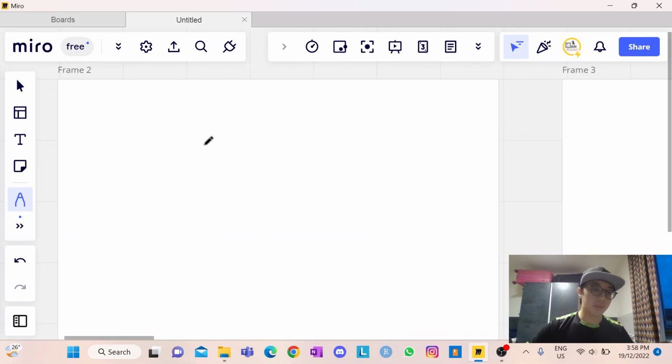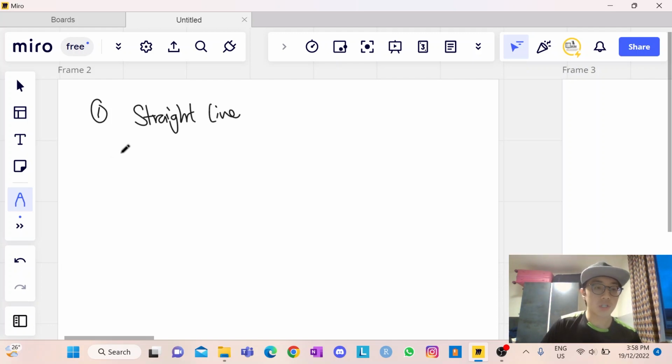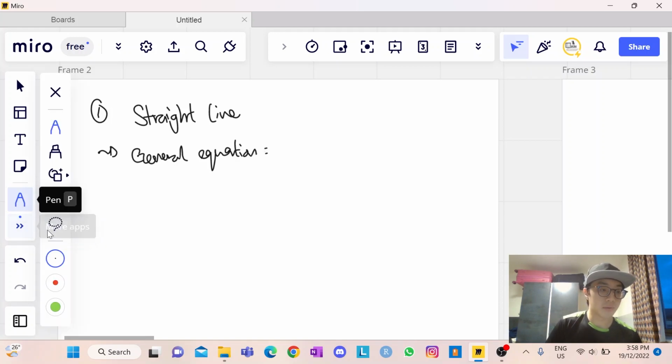Number 1, straight line. The general equation is given as y equals mx plus c.